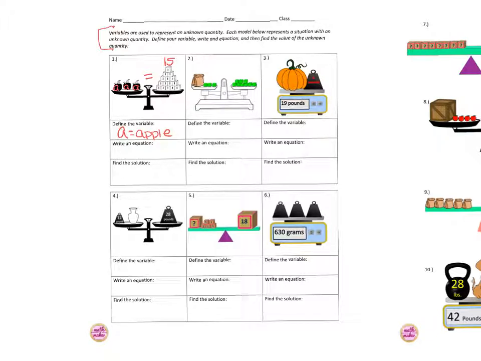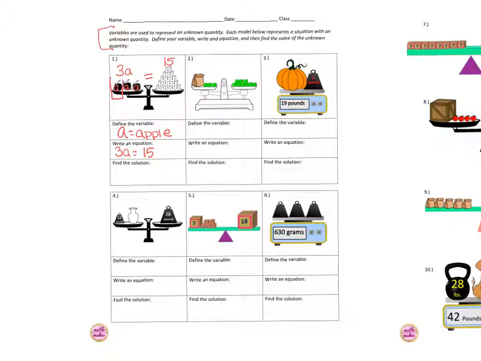Okay, since we have 3 apples on the left-hand side, our equation is going to be 3 times the value of an apple is equal to 15 units on the right-hand side. So our equation is 3A, 3 times A, equals 15. Now to find our solution, we want to know how much each one apple is worth.